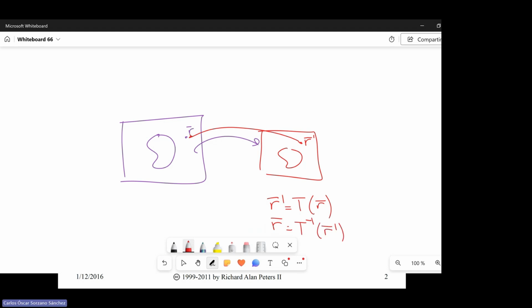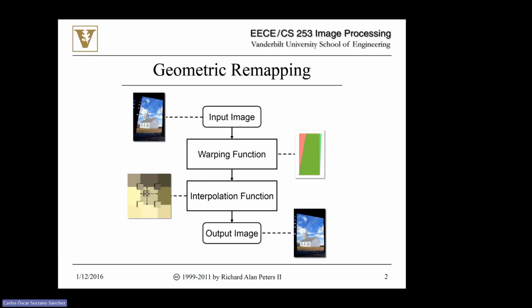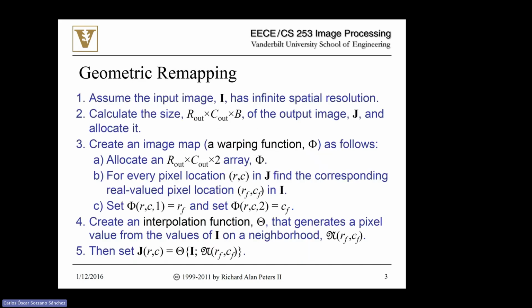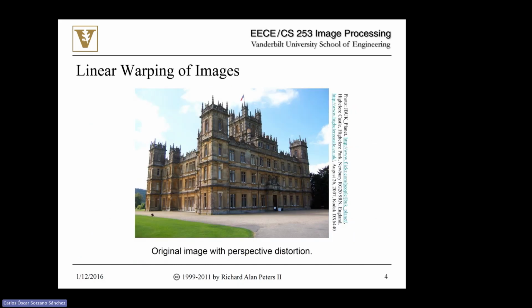So this transformation, if it goes in this direction, is T. If it goes in the opposite direction, it is T minus 1. Yesterday it was just a scaling factor, and today we will make it more general. This is also called geometric remapping. So there is a transformation that goes from one space to the other.